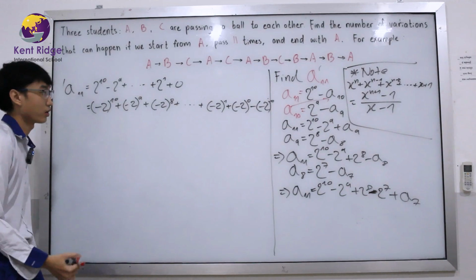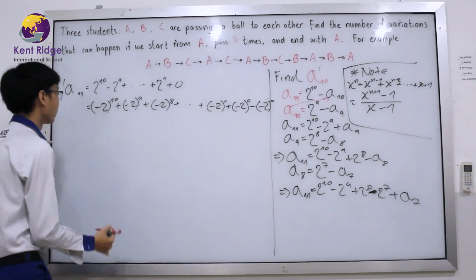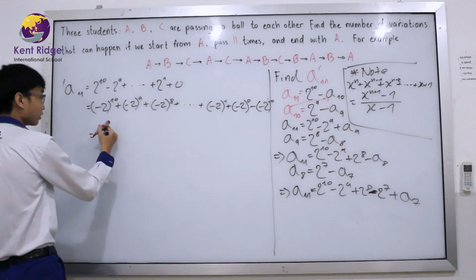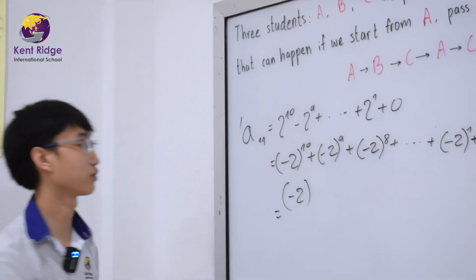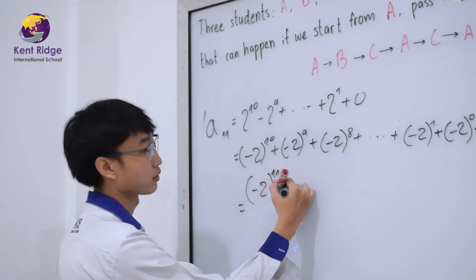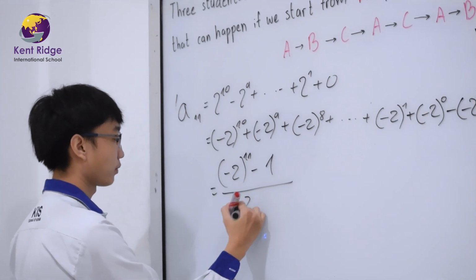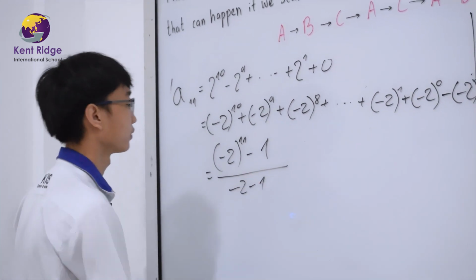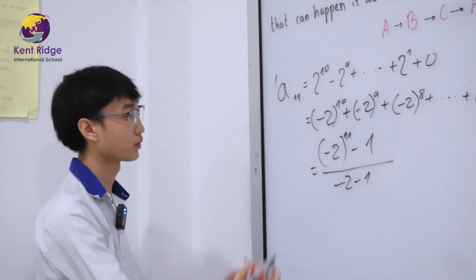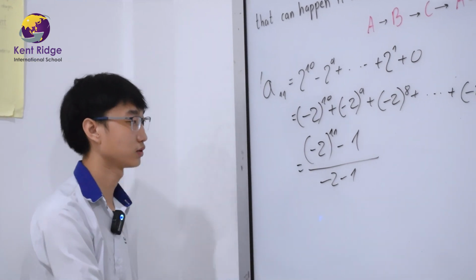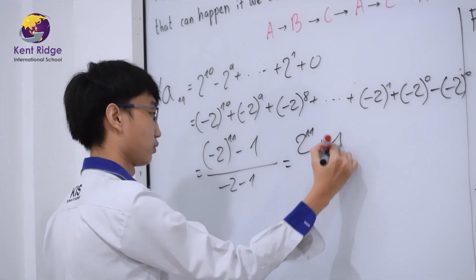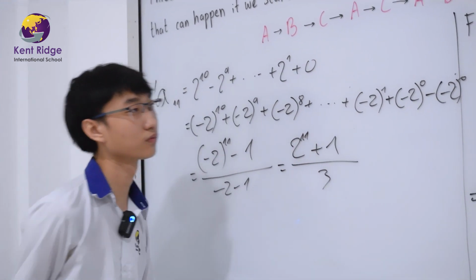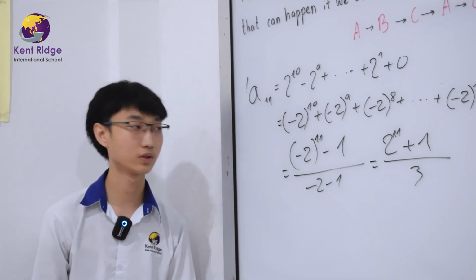Okay, so our x is nothing but negative 2. Our n is 10, so 10 plus 1 would be 11, minus 1 over x, which is negative 2 minus 1. We can factor the minus sign out, and you'll get this.